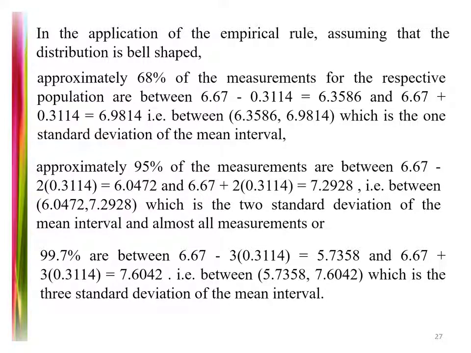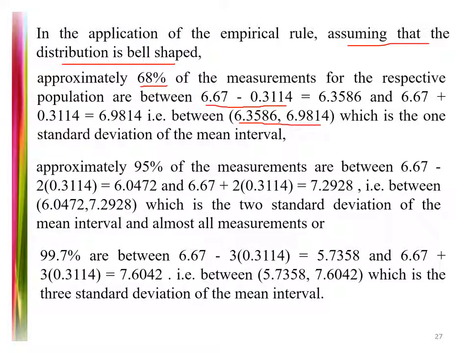In applying the empirical rule, we assume that the distribution is bell-shaped, which is a very important condition. So we can say 68% of the data fall within one standard deviation: the mean minus one standard deviation and the mean plus one standard deviation. That means the interval 6.3586 to 6.9814.